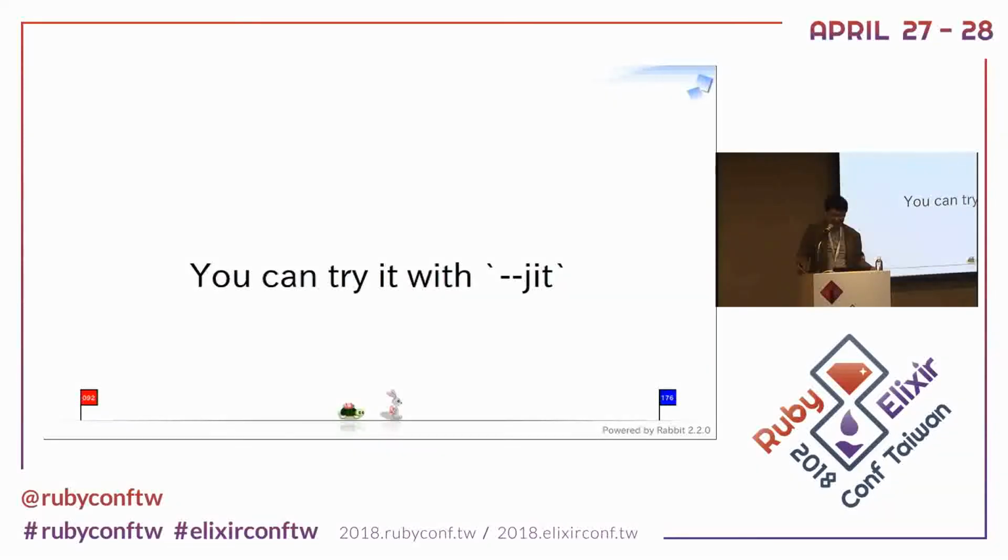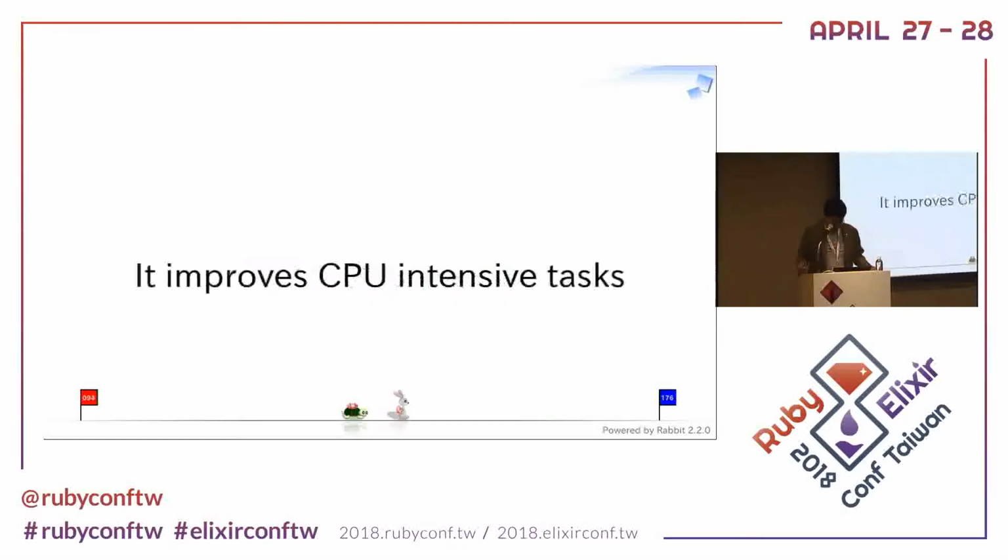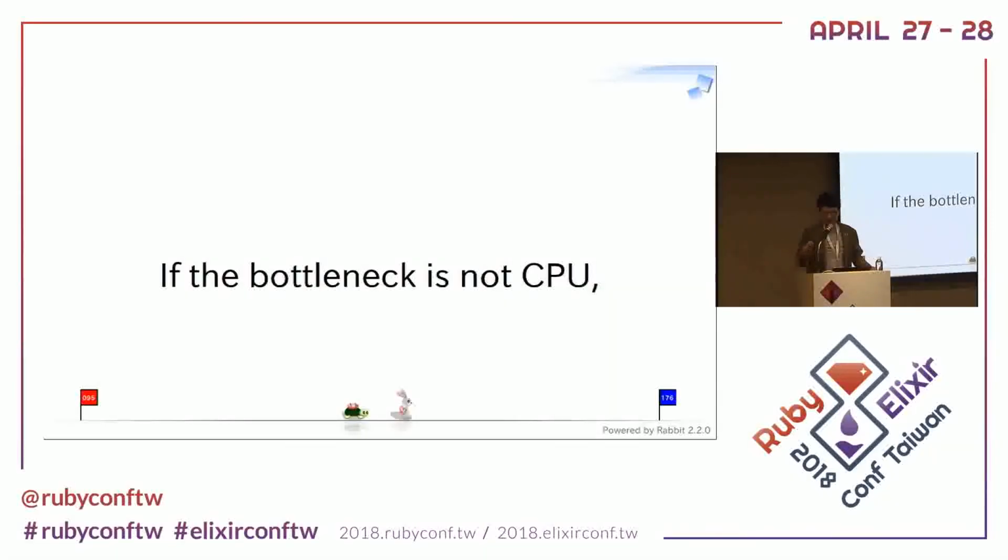At least you can try. This is the first prototype, so I don't make any promises. I don't think it will run your software 3 times faster. JIT is not a panacea; it improves CPU intensive tasks. If the bottleneck is not the CPU, don't expect too much.